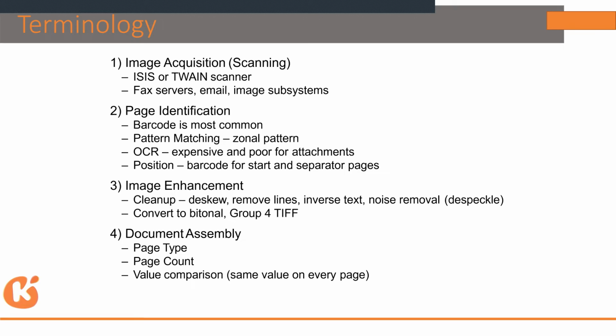For example, if you're processing an account opening form into DataCap, DataCap will run the OCR engine on the document and get the words from it. If we have the words account opening form on the document, DataCap is able to find those words on the document, and it will identify it as an account opening form.